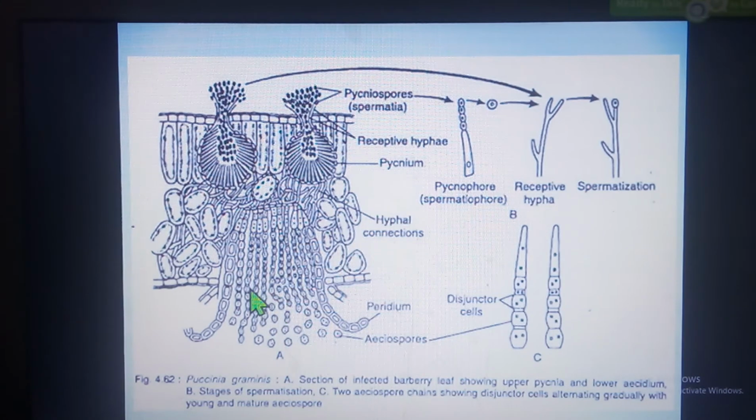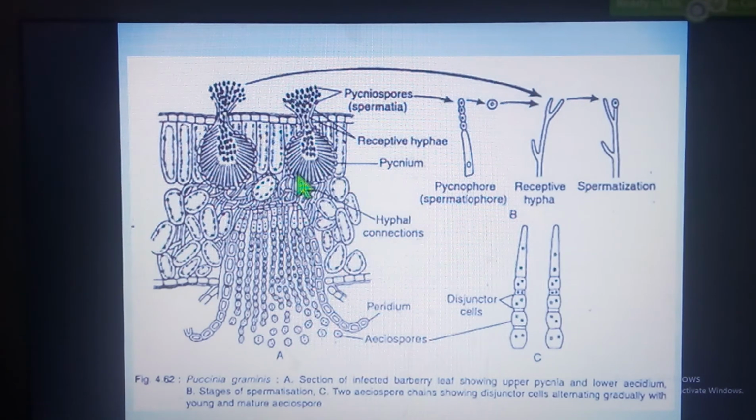Now the spermatial nuclei, after they fuse together, will pass downward through these hyphae, and after crossing the inner tissue, they reach and dikaryotize the basal cell of the aecial primordium.